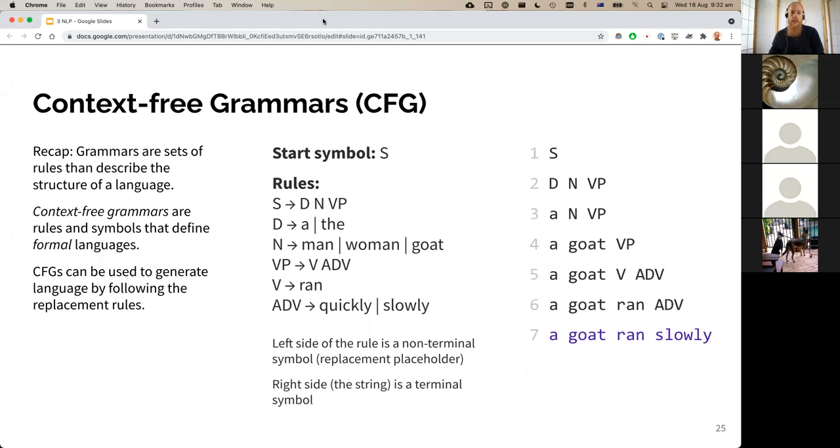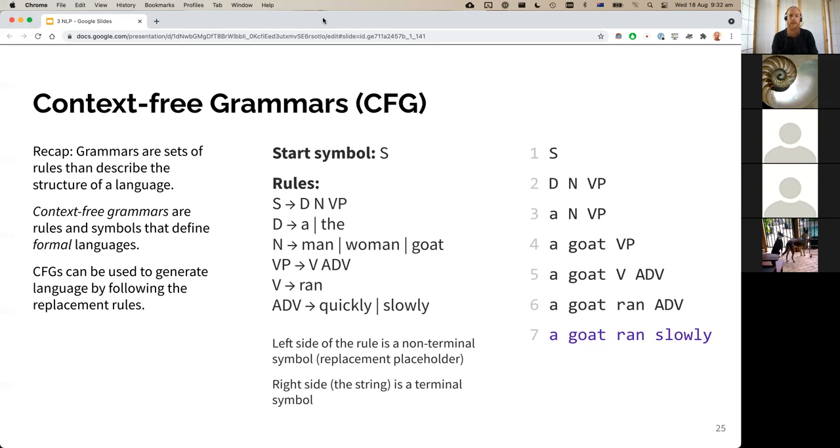Context-free grammars, this is not so much an understanding thing, but a process that's used in some of those other techniques. So a context-free grammar is a way of defining a language. Remember that languages have grammars. Grammars are sets of rules that describe structure in a language.